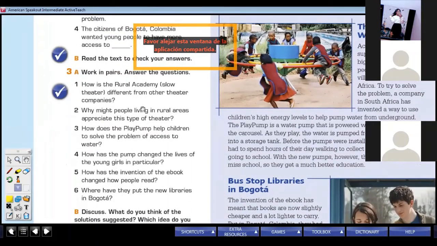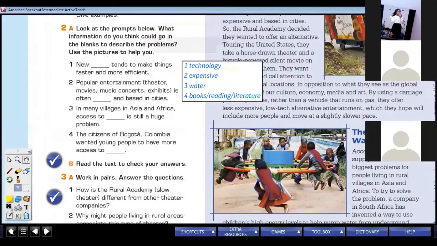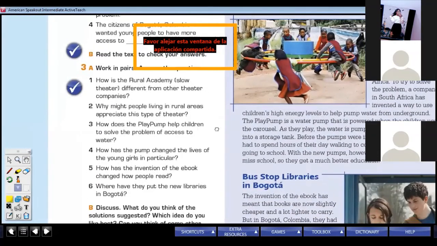Maybe because it's cheaper than other theaters, good. Or maybe because they don't have access to other theaters, so having a theater coming to those rural areas is easier, it's even better, right? So good.